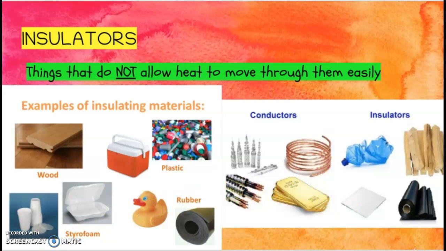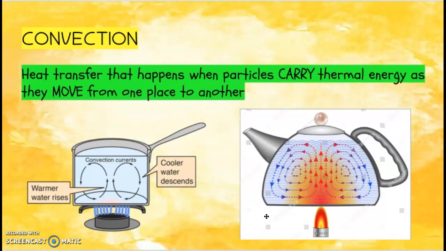The second type of heat transfer that we talked about is convection. And that is what happens when particles actually carry the thermal energy, like think about a piggyback, right? As they move around. So the difference here is that in convection, the particles do move around. They don't stay the same.